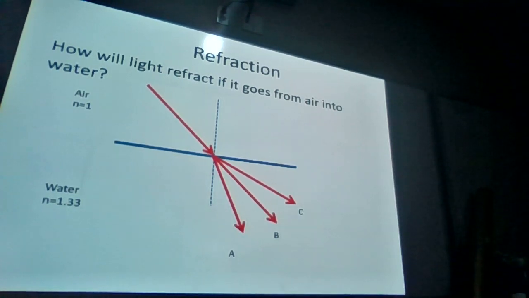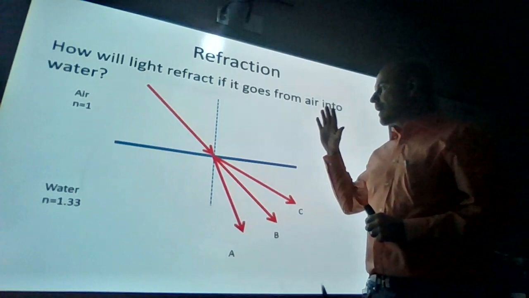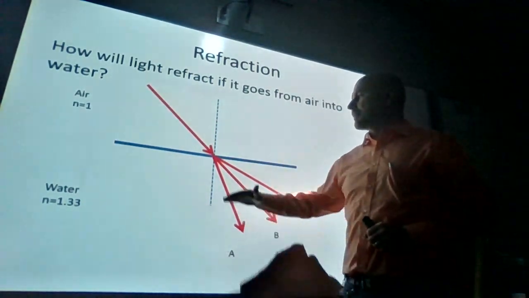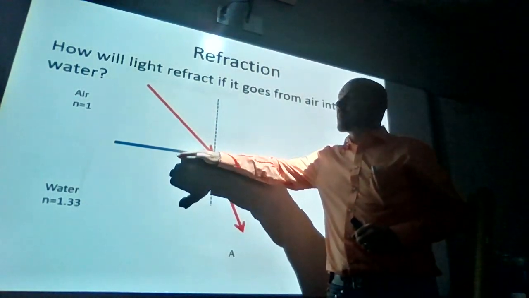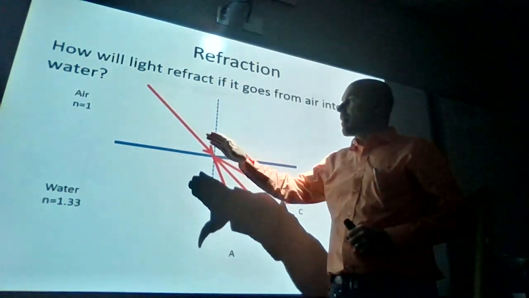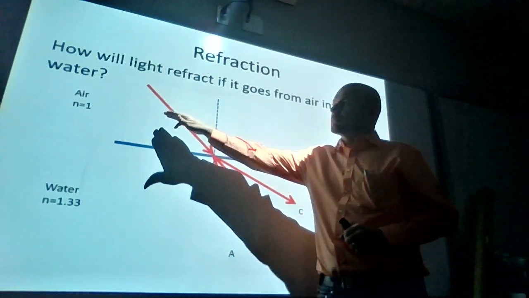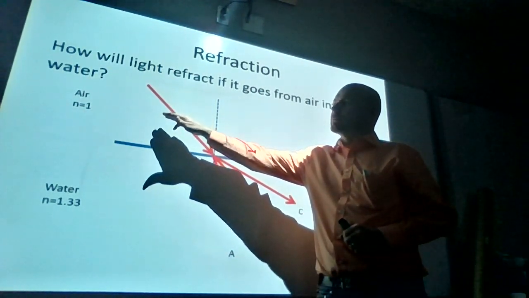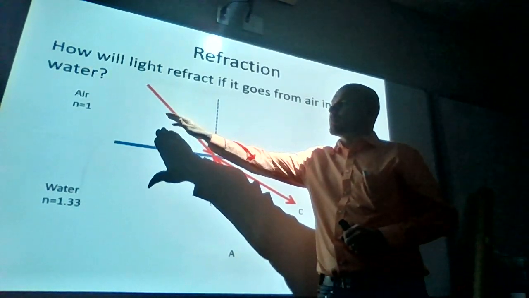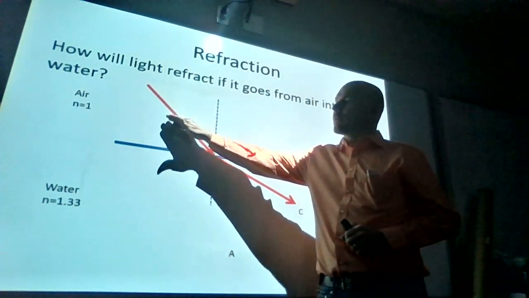Correct answer is A. Okay? Real quick, just to make sure we're all on the same page. Here's the surface. Here's the normal line. Going from air into water, you're going from a low index of refraction to a high index of refraction, and you're going from fast to slow.